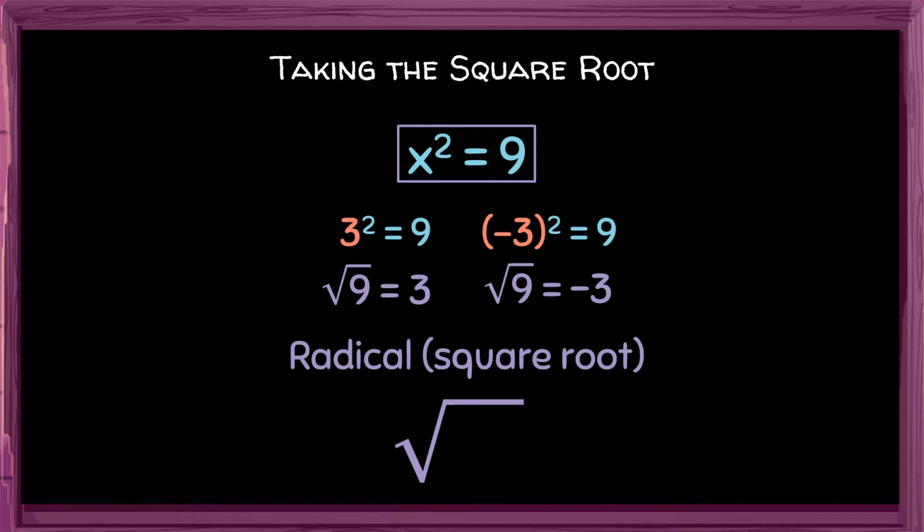So we can write square root of 9 equals 3 and square root of 9 equals negative 3. We could also save space by writing square root of 9 equals plus or minus 3, which combines those two separate equations into a single equation using this little symbol with a plus sign on top of a minus sign. It means plus or minus, so our equation here is square root of 9 equals plus or minus 3, meaning positive 3 or negative 3.